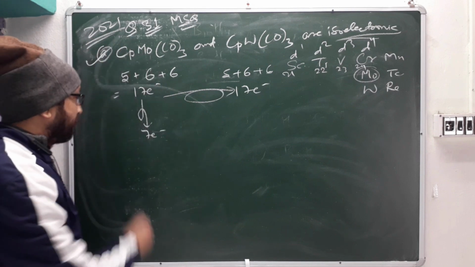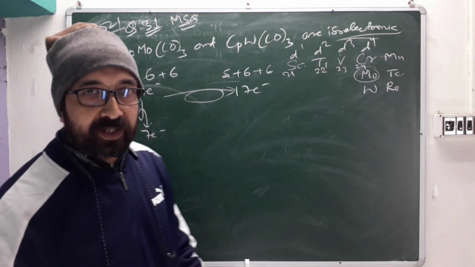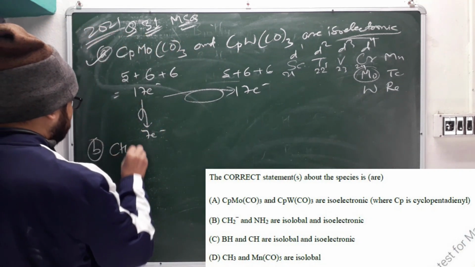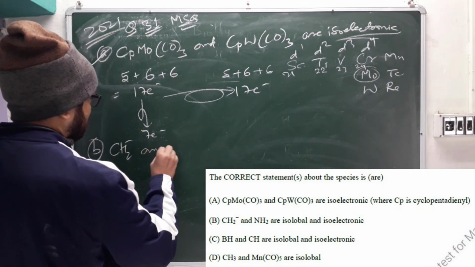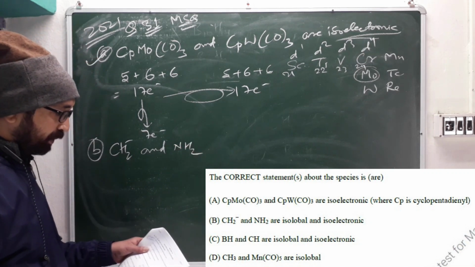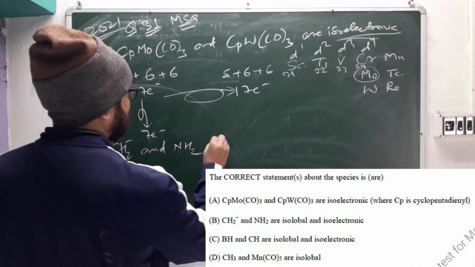Option A is correct. Now coming to option B, what they have given: CH2 minus and NH2 are isolobal and isoelectronic.